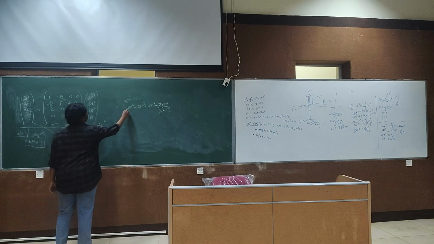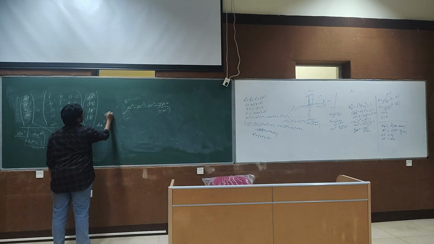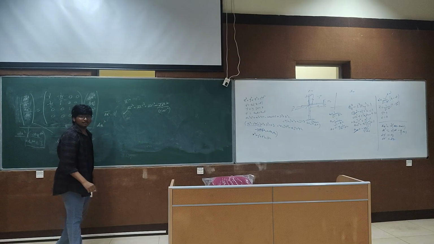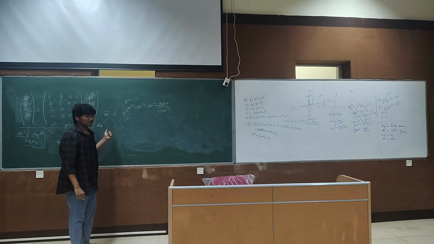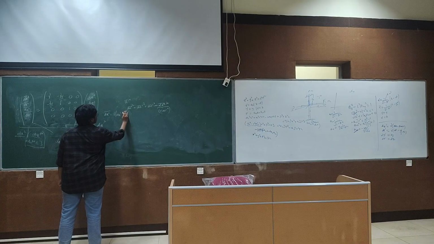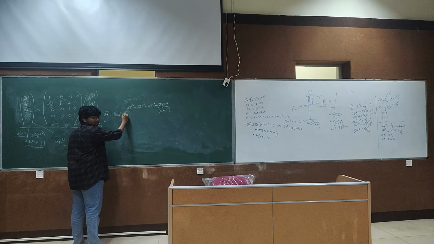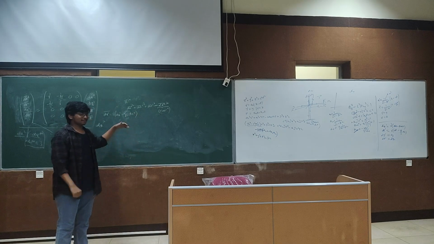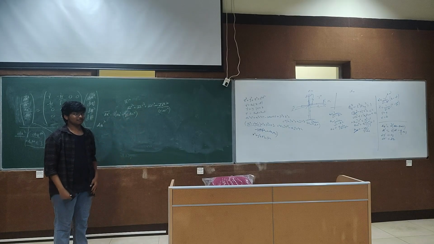So let me write this for you. dx1 bar is given by what? Gamma. Okay, is it gamma or lambda? Okay, fine. Gamma dx1 minus, we don't talk about dt, just c dt equal to dx0.